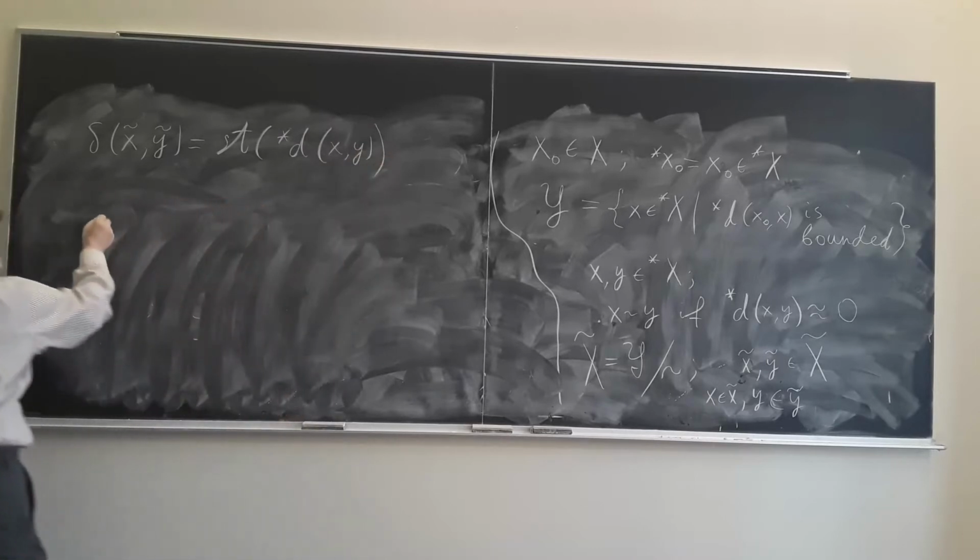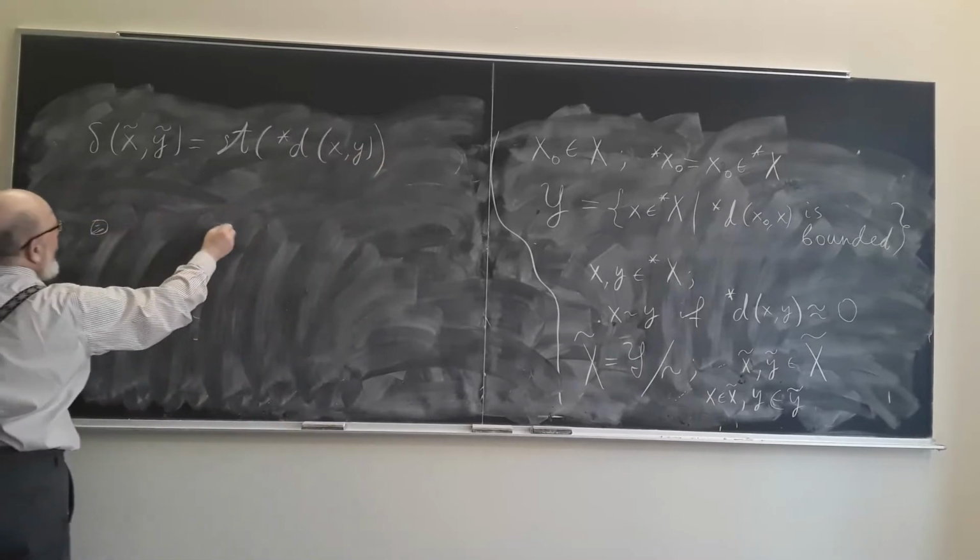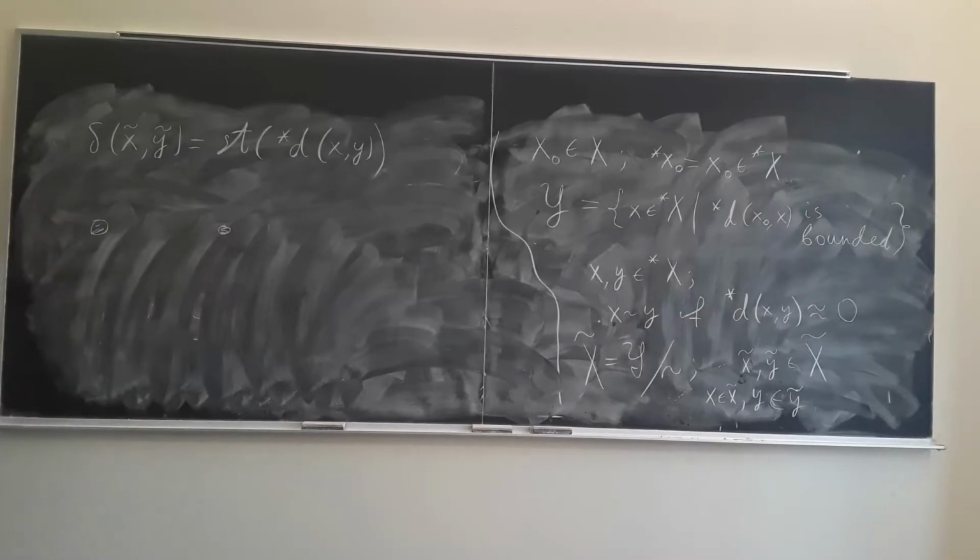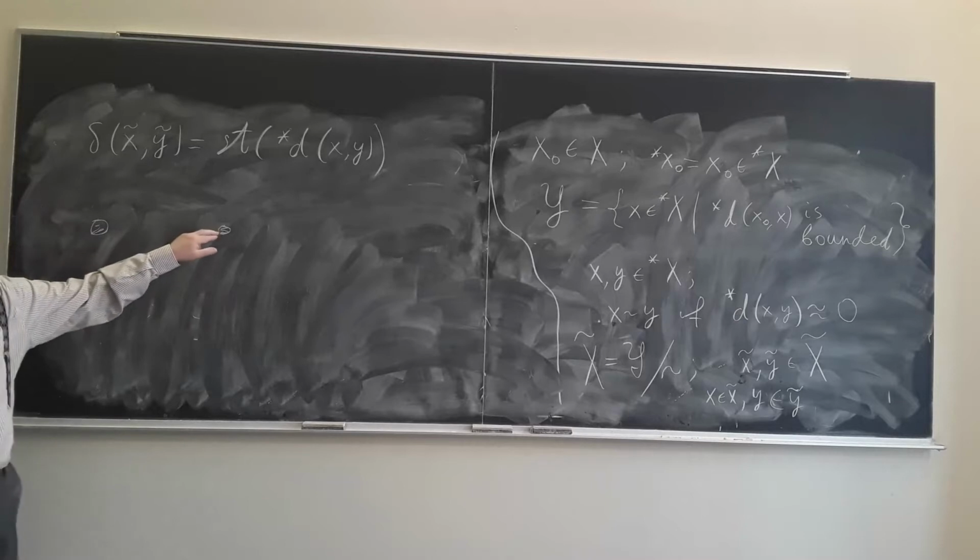So we have two of these monads, two classes. Each two elements here are infinitesimally close, and these are infinitesimally close.